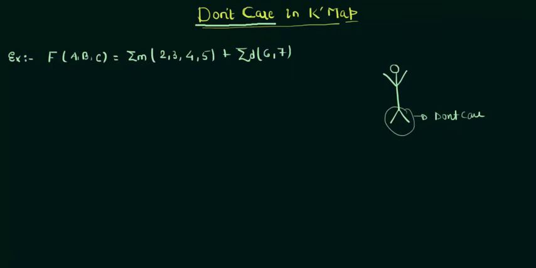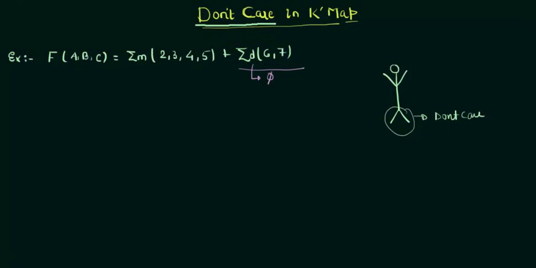Now this particular thing represents the don't care. Summation d, this d represents the don't care. Instead of d, you could have phi. This is sometimes used instead of d. And 6, 7 are the cells in which we have the don't cares, which means m6 and m7 are the don't care conditions.